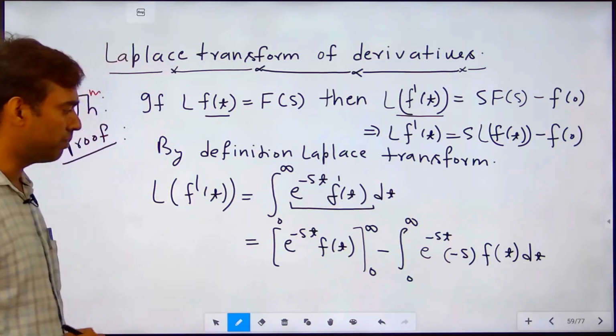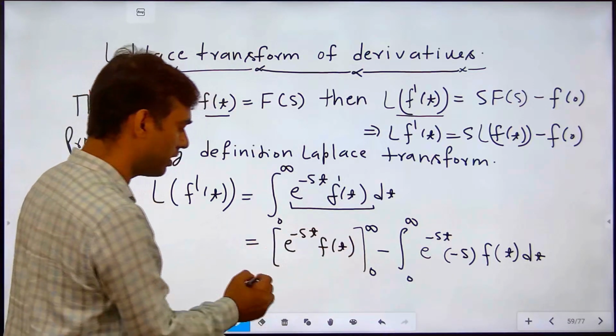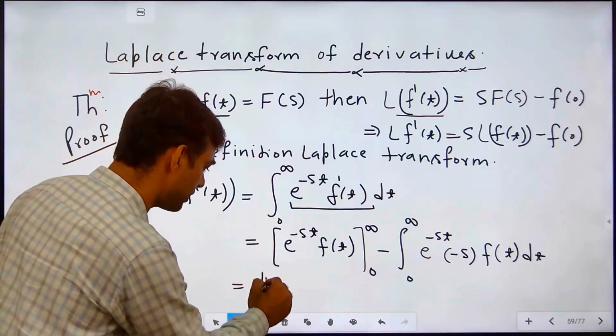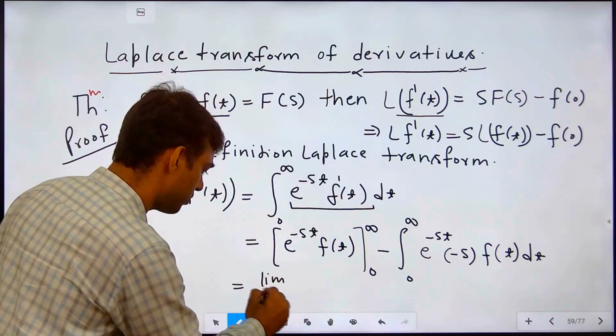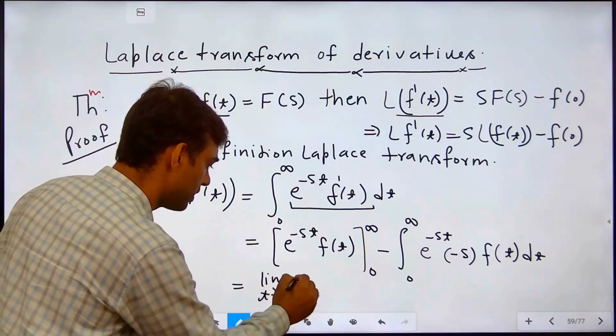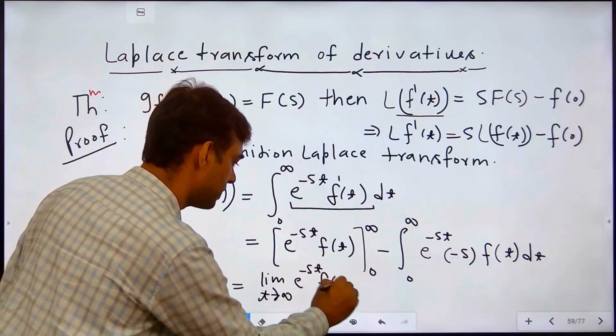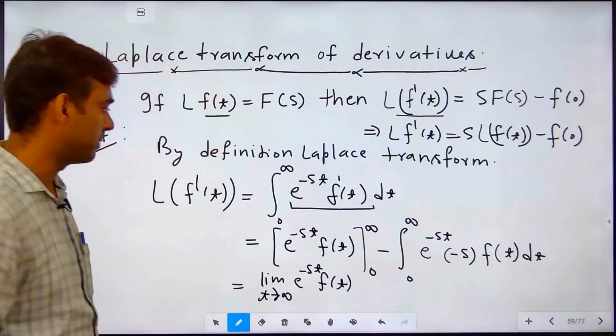Now if we put the upper limit and the lower limit: if we put the upper limit, this becomes limit t tends to infinity of e to the power minus st f(t).